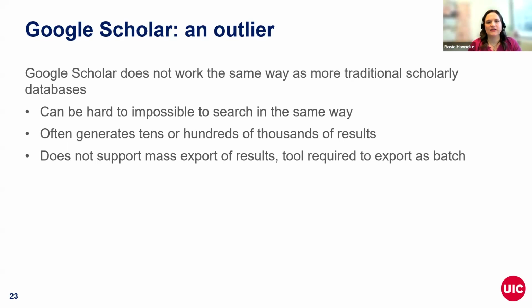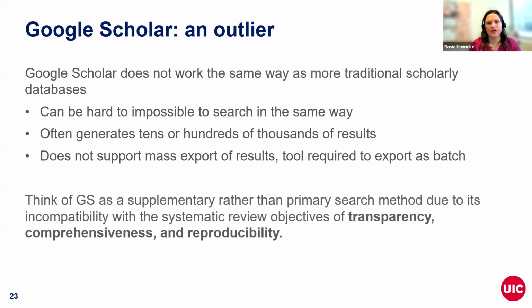It often generates tens or even hundreds of thousands of results, making it impossible to review every record as you would do for every other database result in a systematic review. And it does not support exporting all of your results in a single mass batch. If you want to do that, you have to use a third-party tool.